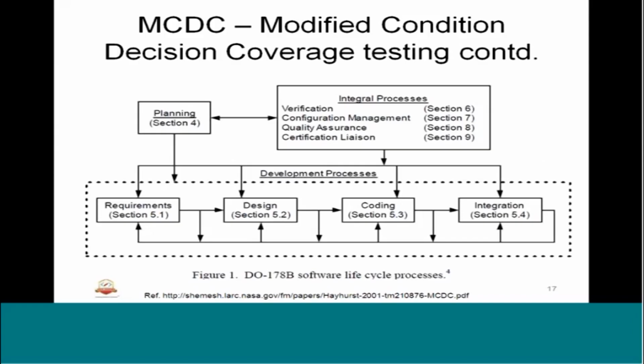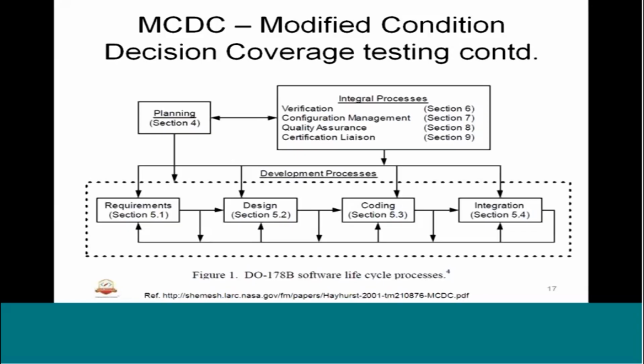Basically the MCDC criteria enhances the condition decision coverage. We have seen condition coverage, decision coverage, and multiple condition decision coverage. This criteria enhances it by requiring that each condition be shown to independently affect the outcome of the decision.